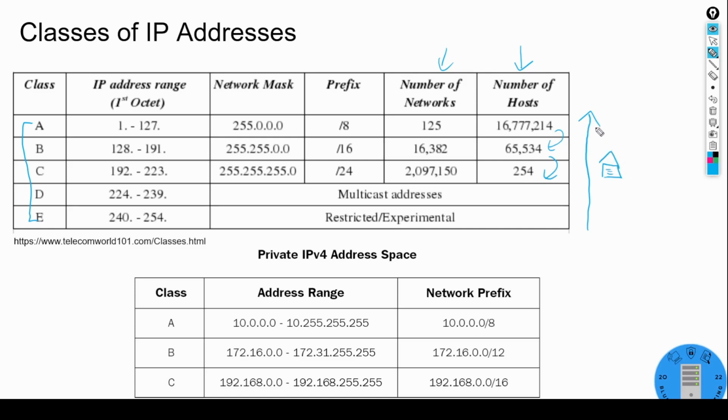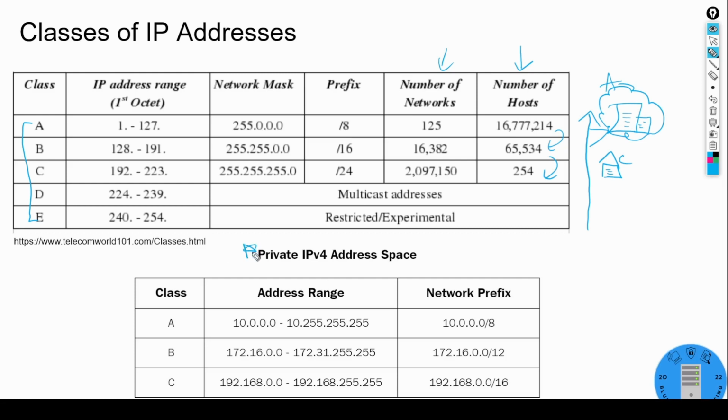Whereas if you're working with class A or B, maybe you're working out of a big corporate building or a series of buildings that's all contained within your company's local area network, and you would be assigned a class A address over a class C address range to accommodate the number of hosts that need to connect out to the internet. That's really all you need to be aware of for classes and IP addresses.